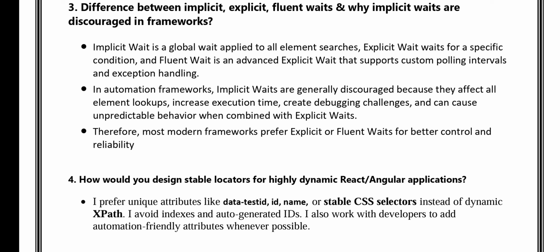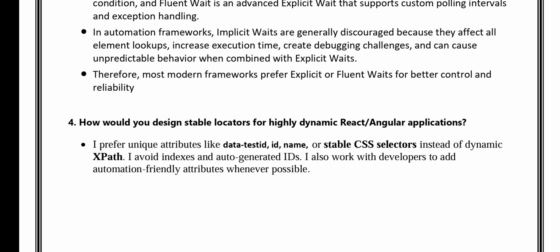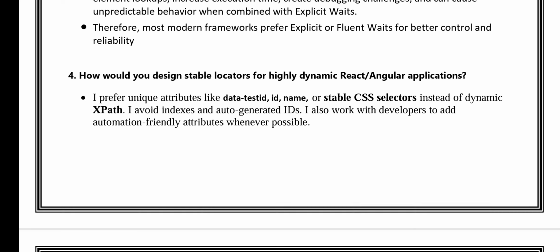In automation frameworks, implicit waits are generally discouraged because they affect all element lookups, increase the execution time, create debugging challenges, and can cause unpredictable behavior when combined with explicit waits. Therefore, modern frameworks prefer explicit or fluent waits for better control and reliability.